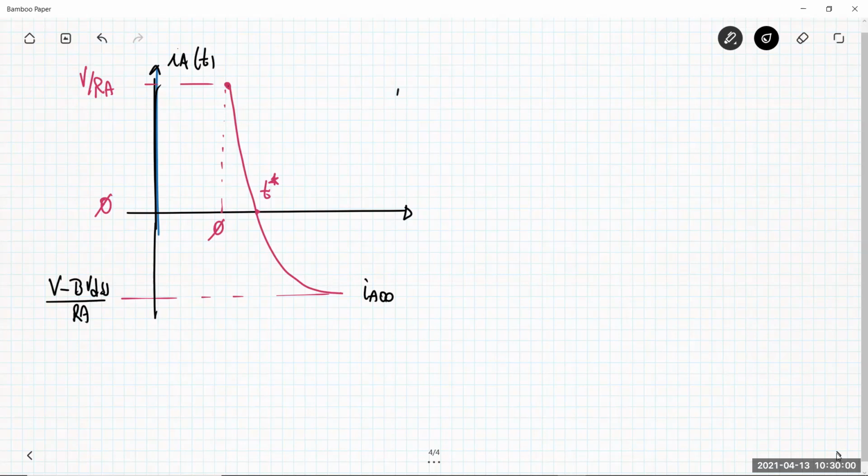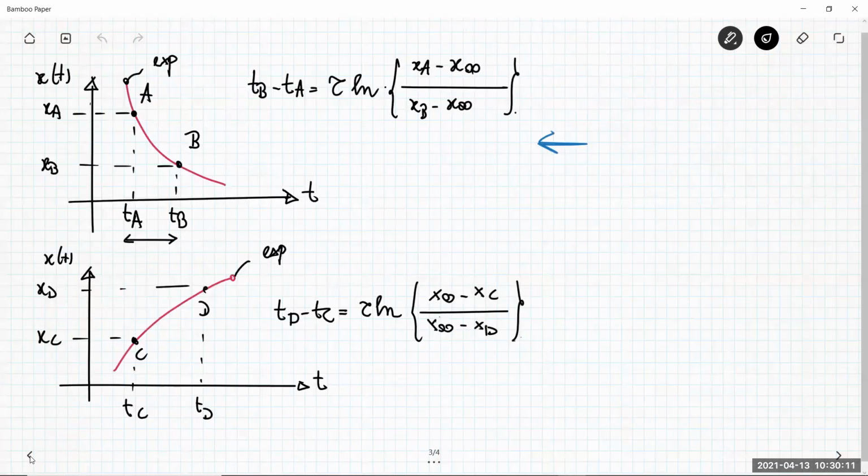So looking at this expression, we can say that T star is tau natural logarithm of the previously defined ratio, in which xa is the point which is higher.